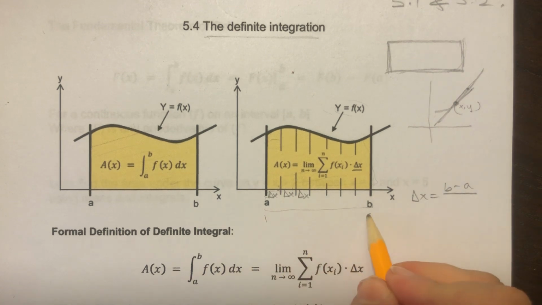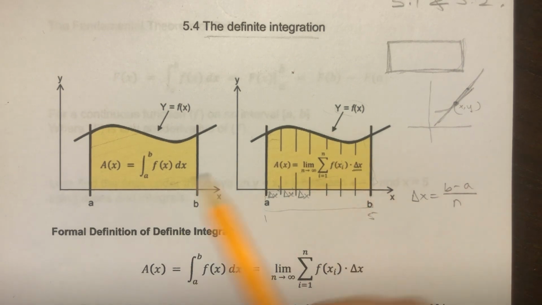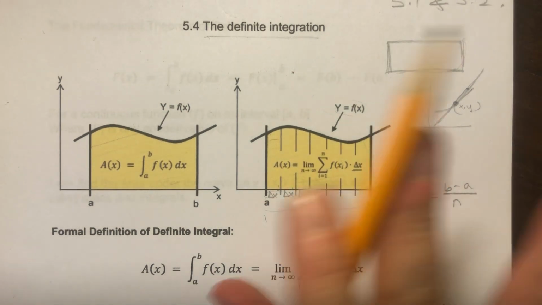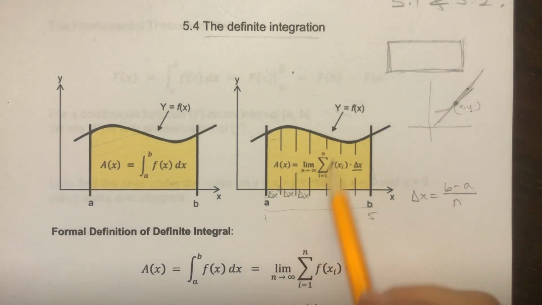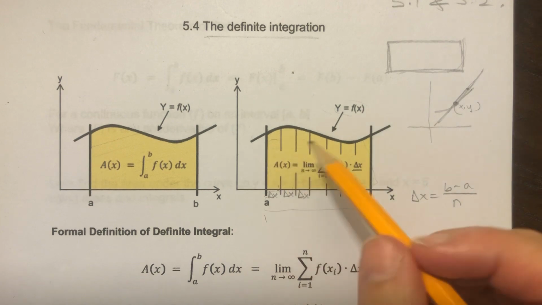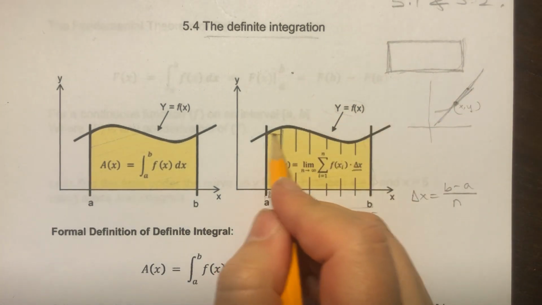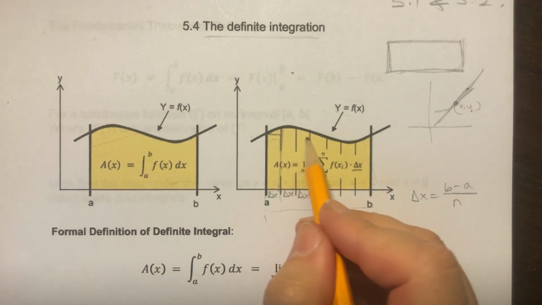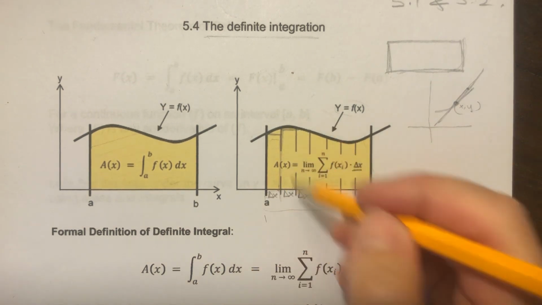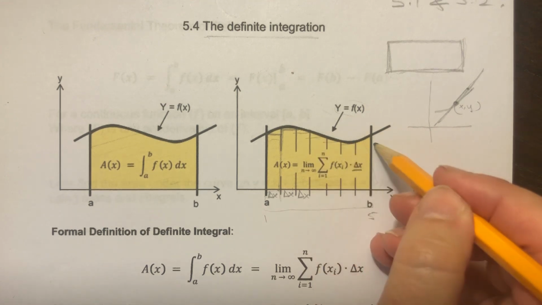If you go from 1 to 5, that's a distance of 4 units, divided by n equal intervals. Again, let's look at 5.3 for more pictures. We build this rectangle, find its area, build this rectangle, find its area, and so on.